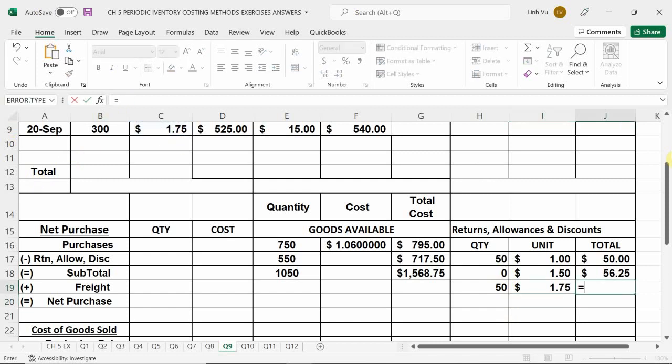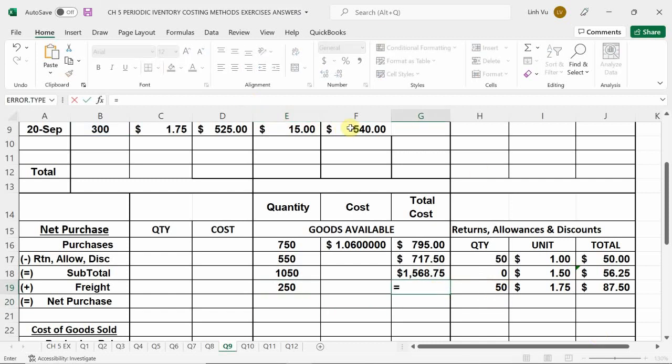So what's my refund going to be? $87.50. So in this case, my 300, because I returned 50 of them, decreased to 250.